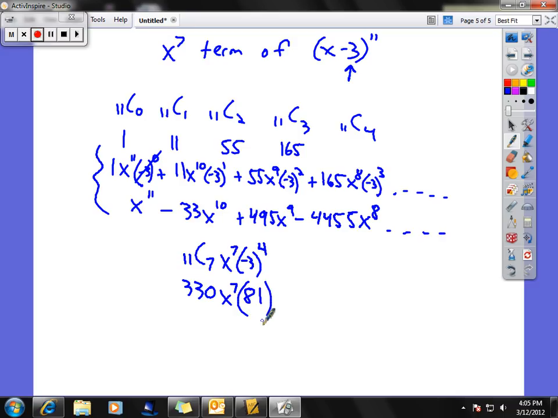Okay, and then we multiply the 81 and the 330, and we get 26,730 x to the 7th. So that is the coefficient for the x to the 7th term of x minus 3 to the 11th.